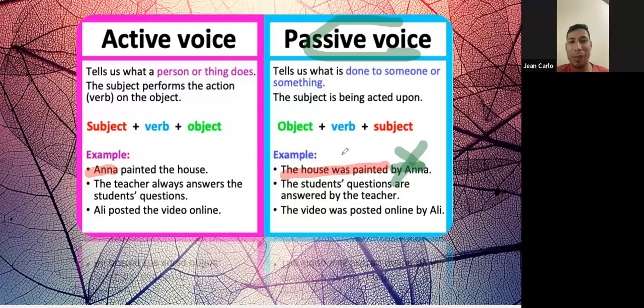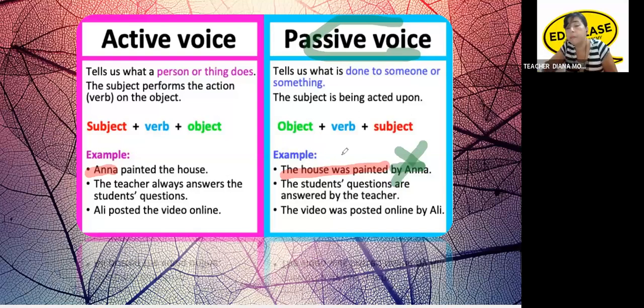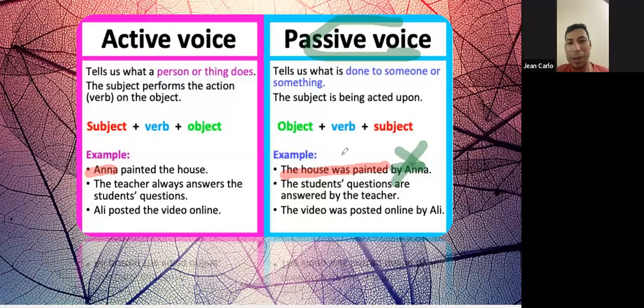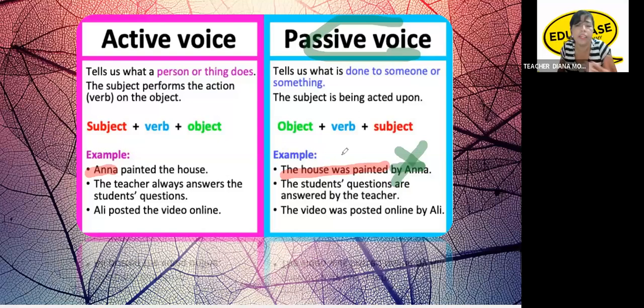¿Quién la pintó? ¿A quién le interesa? ¿Le va a interesar a quien le renta que la pintó su mamá, su tío? No, right? So that's the point here, that it is not necessary, and the person who does the action can be omitted. They are not the important part. The important thing is the action.